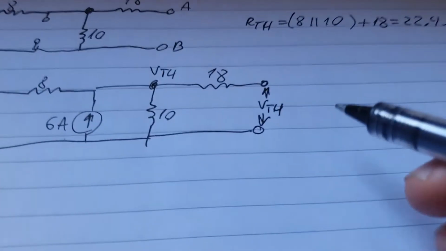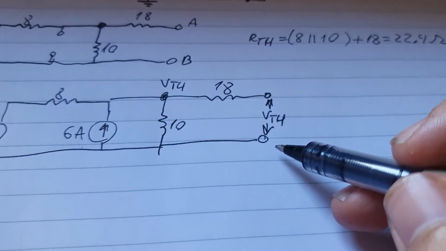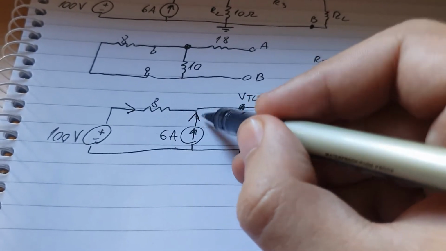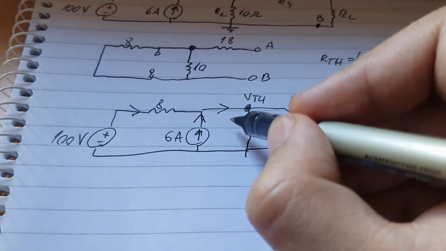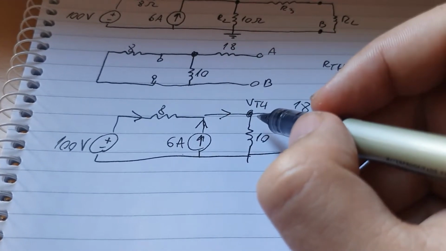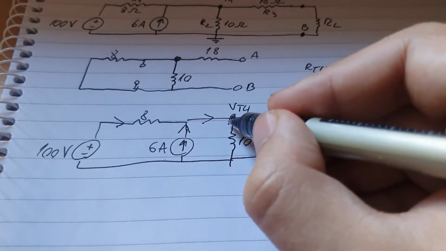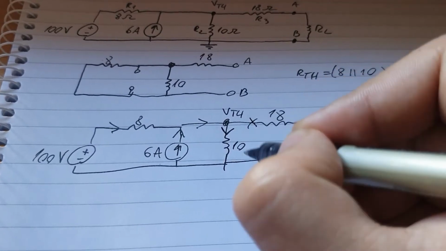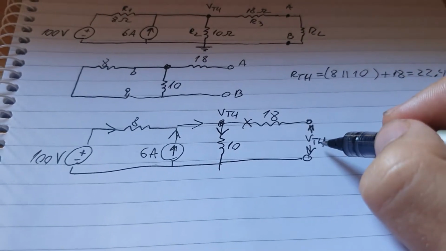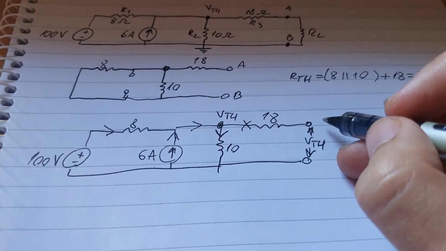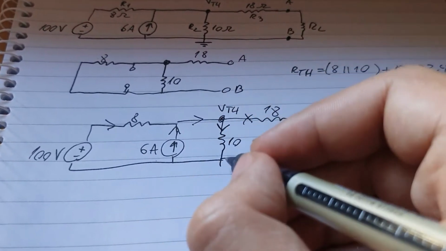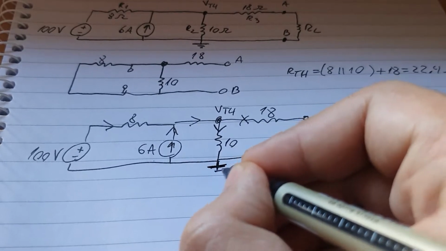Okay, so again, when you calculate VTH, remember that this will be an open circuit, so the current will flow basically, we go in this direction, we go through this direction, they will meet together, come this way, then some will go in here and none will go through here, because it's an open circuit. If the current goes through here, it doesn't have any direction to go, it can't go anywhere, it always needs to go back to the ground, where the ground is here.